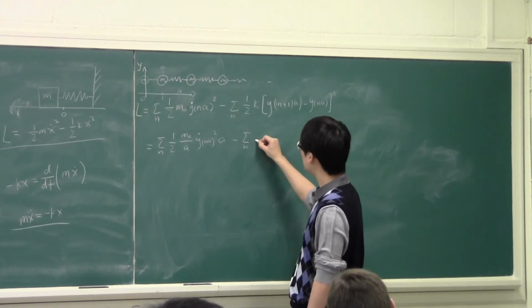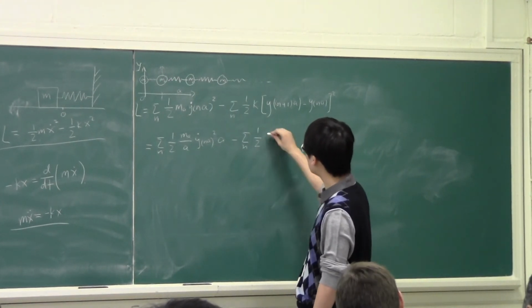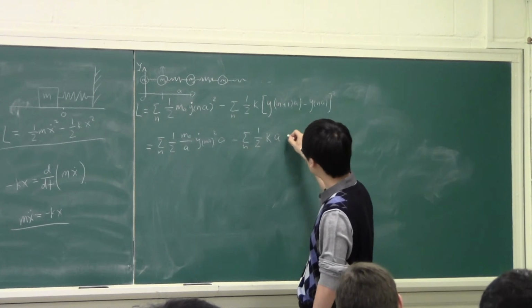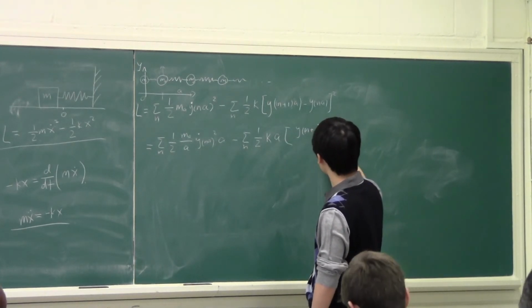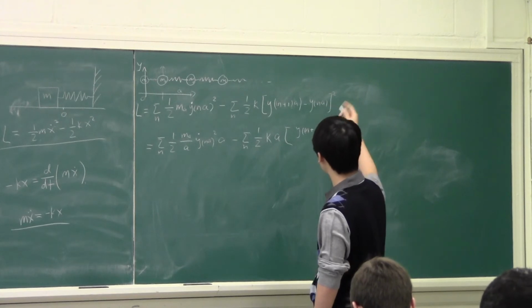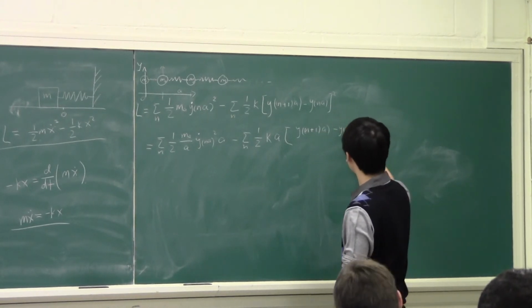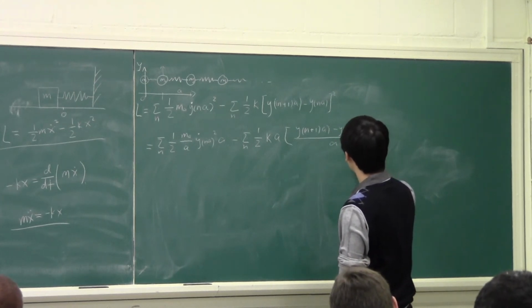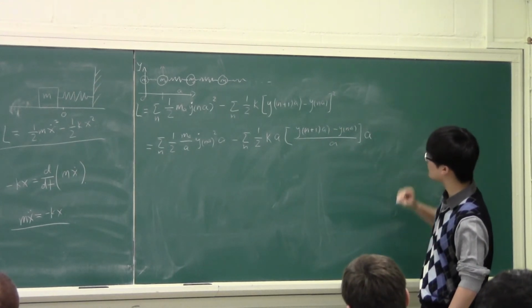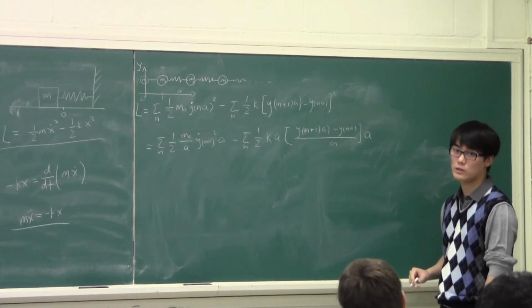So let's do that. Because we're doing this inside of a square, we will have a squared on the outside. Of course, one of them is going to give you the dx for your integration.